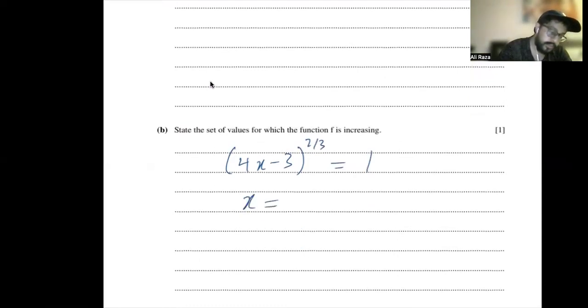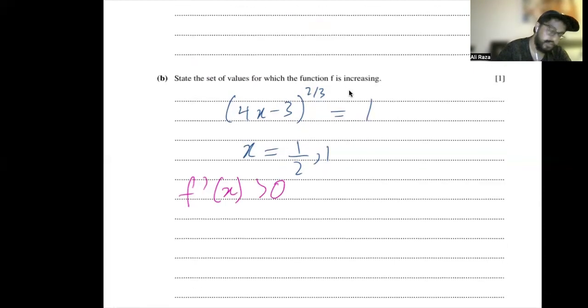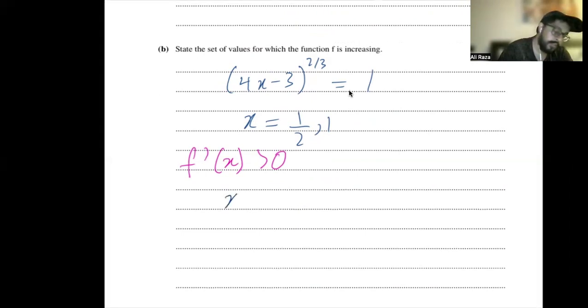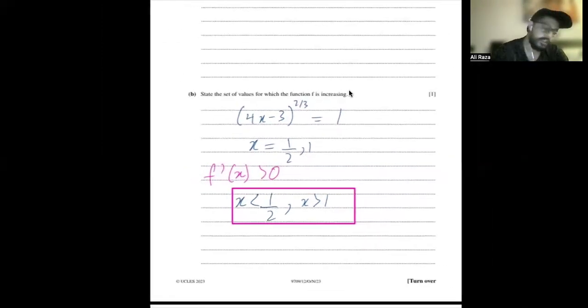X was equal to 1 over 2 and 1. Now to have an increasing function, our f prime or the differential should be greater than 0. So when we apply this inequality, we'll get the set of values as x less than half and x greater than 1, since this would be an open range. This would be the answer for part B.